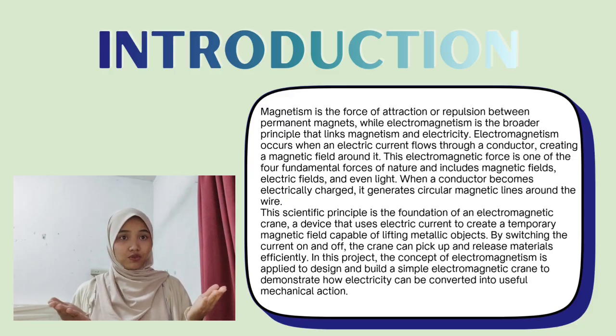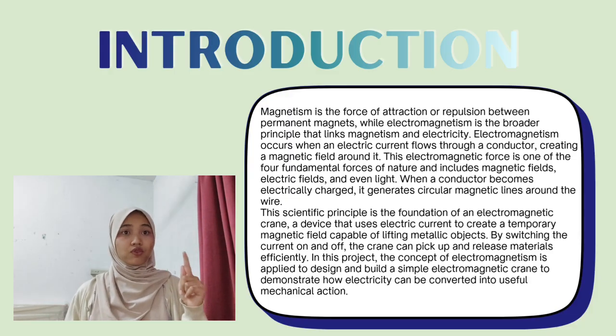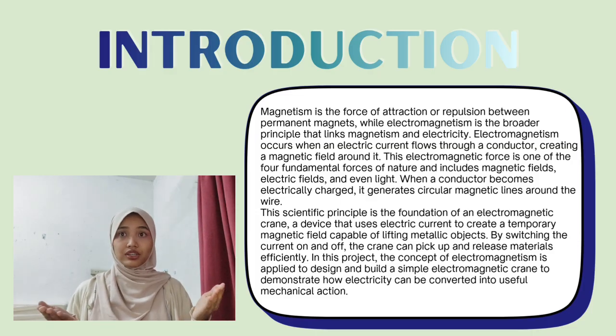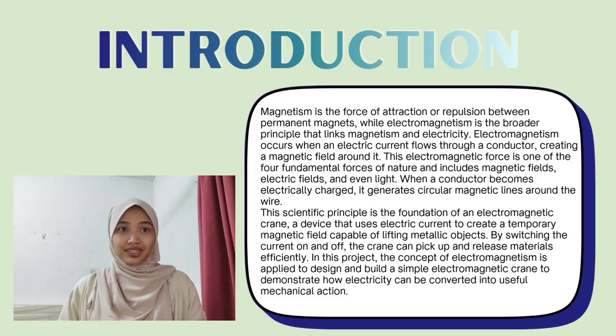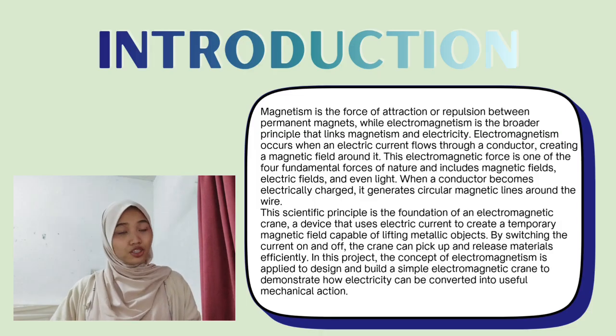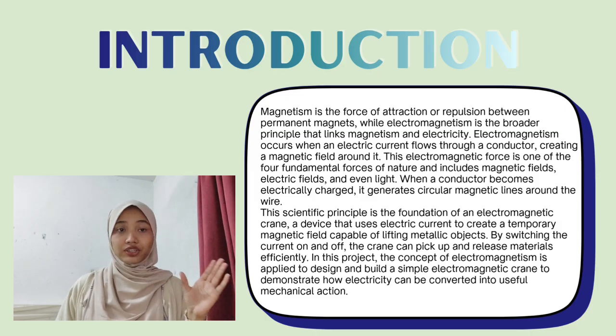This electromagnetic force is one of the four fundamental forces of nature and includes magnetic fields, electric fields, and even lights. When a conductor becomes electrically charged, it generates a circular magnetic field around the wire. This scientific principle is the foundation of an electromagnetic crane, a device that uses electric current to create a temporary magnet.